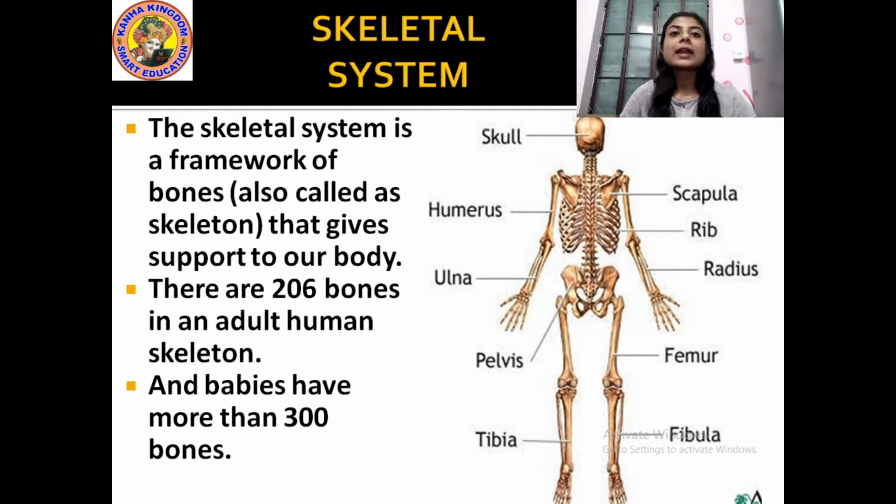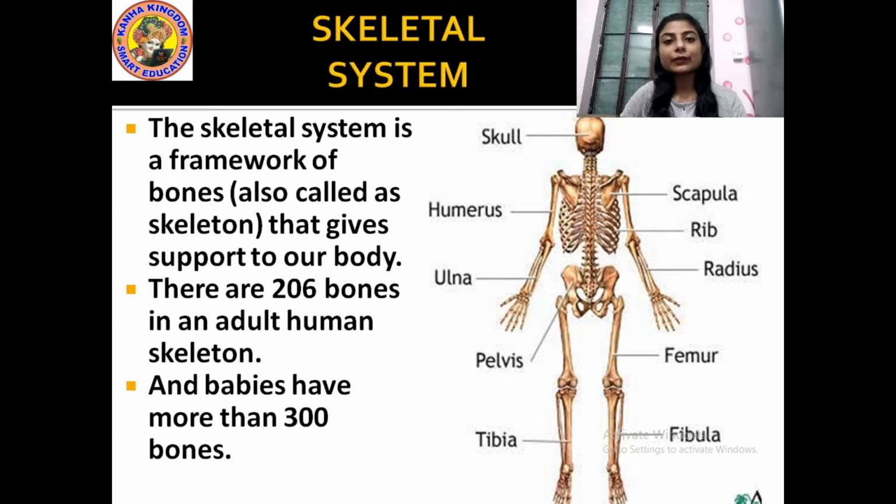So small infants and babies have more than 300 bones, up to 305 or 306. But as you grow up, as your body grows, the bones get attached to each other and the number reduces from 300 to 206 bones. That is why an adult human body has 206 bones.